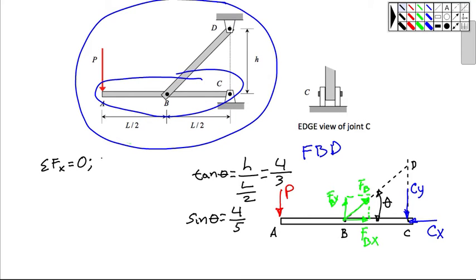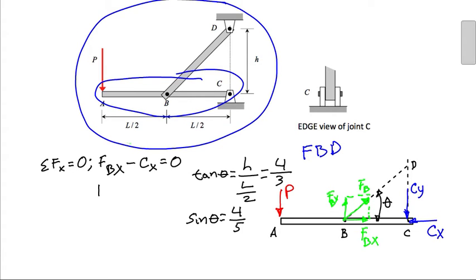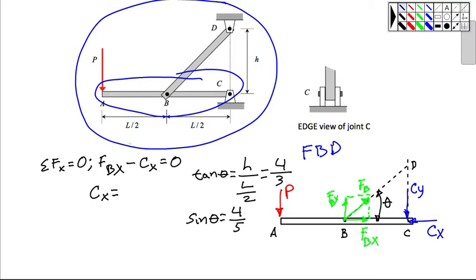Then we find Fbx minus Cx equal to 0. Then we find that Cx is equal to Fbx.